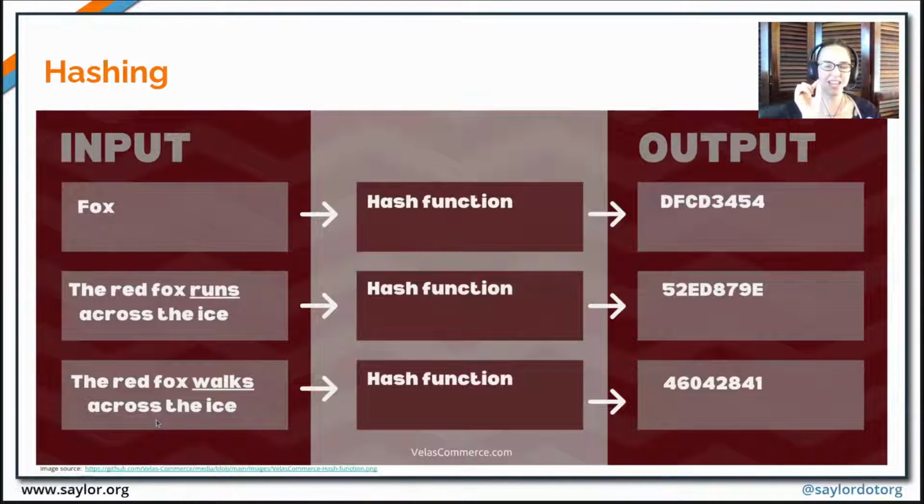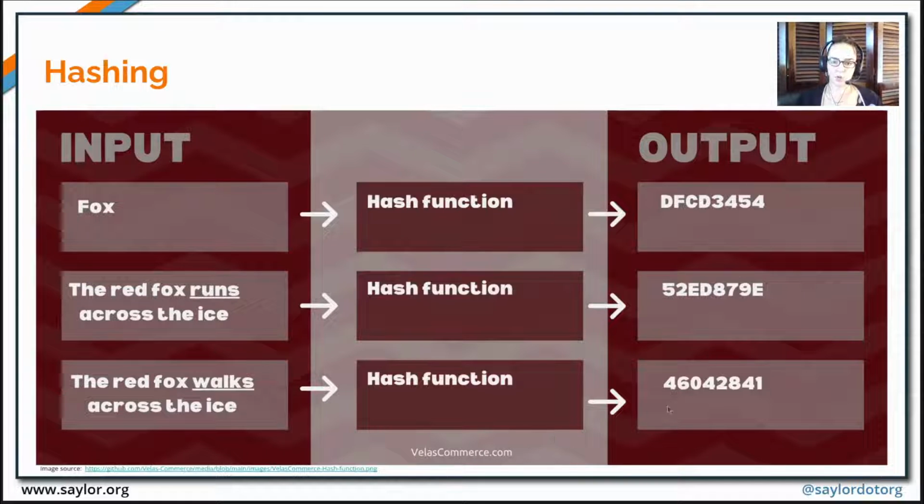It can be as tiny as changing a period to an exclamation mark. Here we just change it to: The red fox walks across the ice. You run it through that hashing function, boom, you get something different, right? The output is of the same length, but it's different. And that's really important to note.